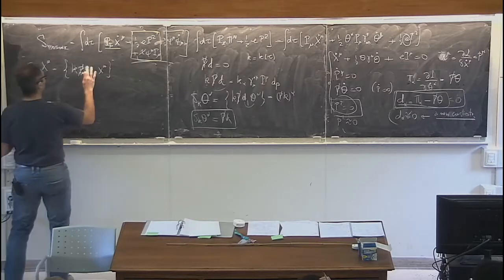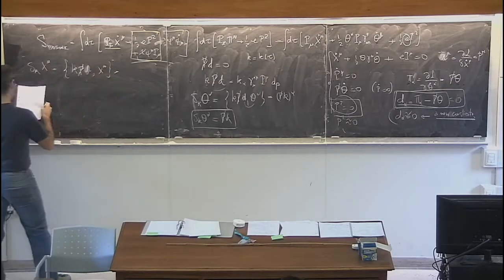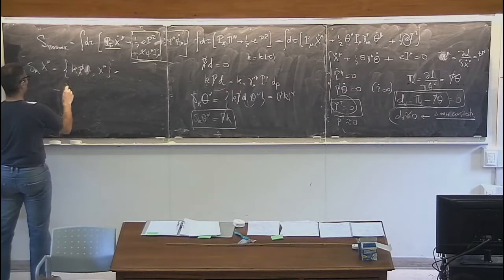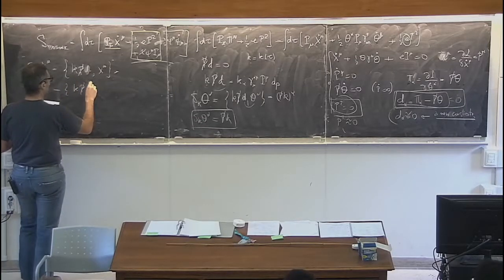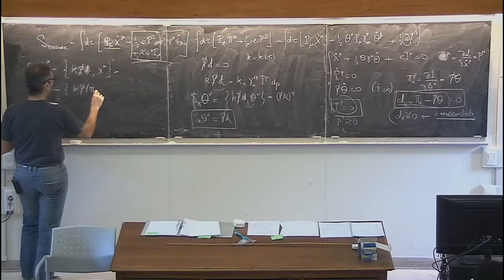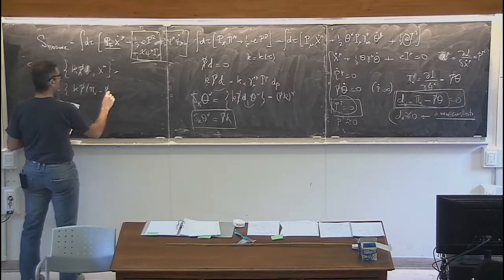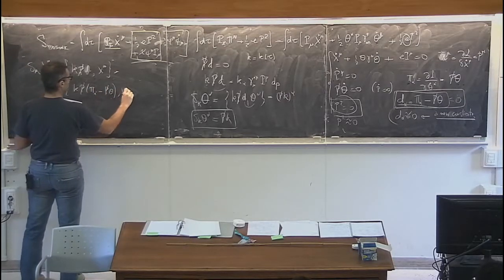If you do the calculations, what do I get? Here I get kappa p slash, this is just the momentum pi of alpha minus p slash theta, acting on x mu.